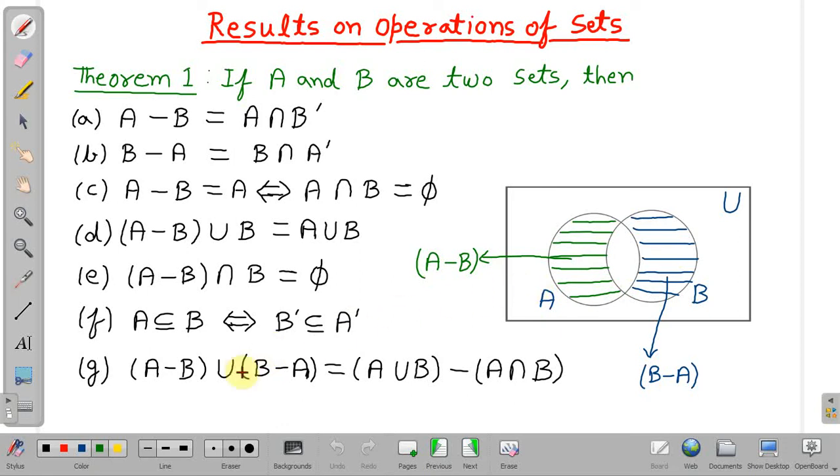Coming to the RHS, A union B means these whole two circles, and if we remove A intersection B, that is this common portion, we get this shaded portion only. So both LHS and RHS are the same.